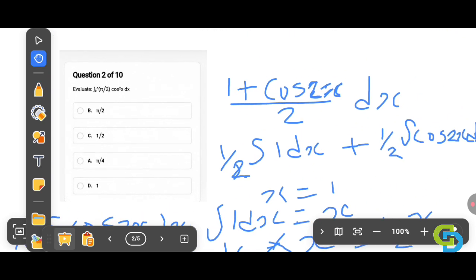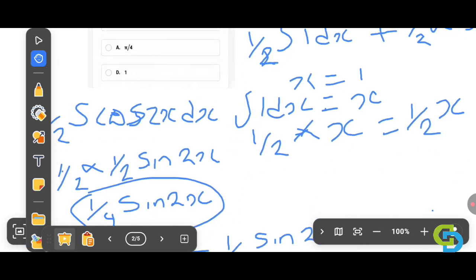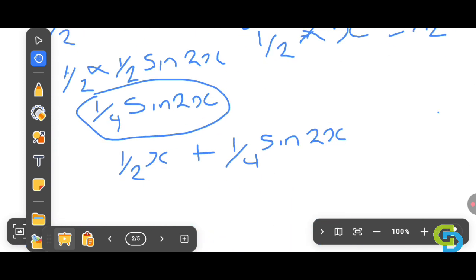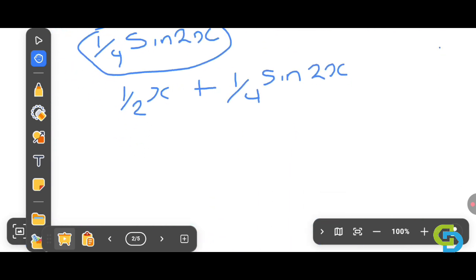So remember the integration is from 0 to pi over 2. We will start with the pi over 2 first. So x starts at 0, then we move to pi over 2. So we're going to start when x is pi over 2.